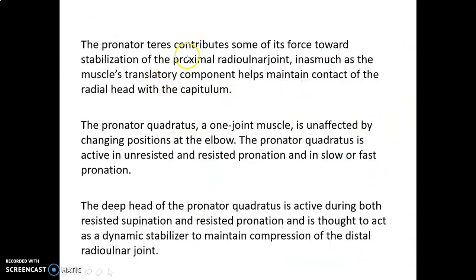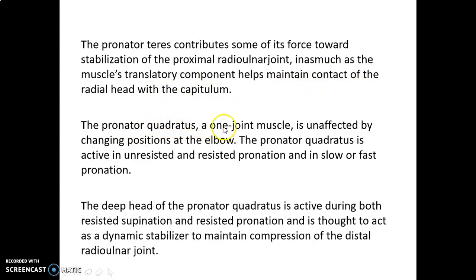The pronator teres contributes some of its force toward stabilization of the proximal radioulnar joint, inasmuch as the muscle's translatory component helps maintain contact of the radial head with the capitulum. So even though it acts as a pronator, it also acts as a stabilizer keeping the radial head against the capitulum.